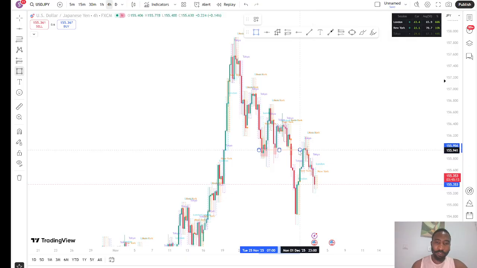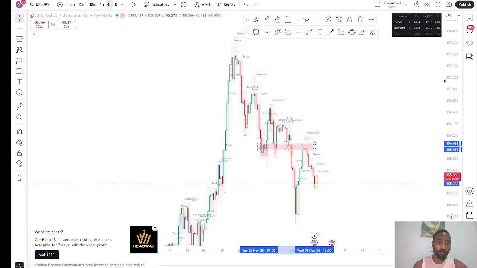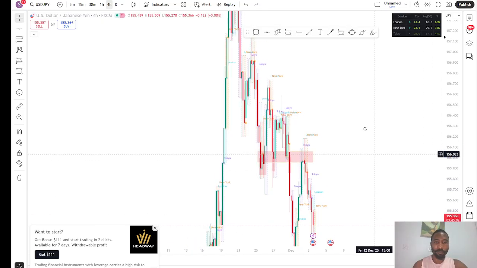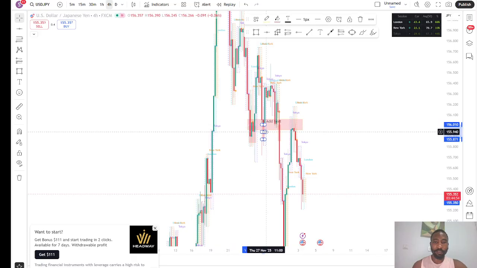Then any single time we are underneath this area, we were selling. Every single time we are under here, the market was selling. The market sold in this area. The market sold here, right?